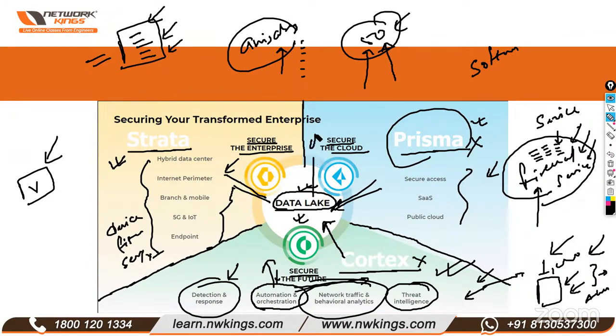Data lake is a cloud service, like maybe Google Drive you see on cloud, or Apple iCloud. So that kind of service you can get online from Palo Alto, and you can store all your logs online. So whenever you want to access it, you can access it. Okay.